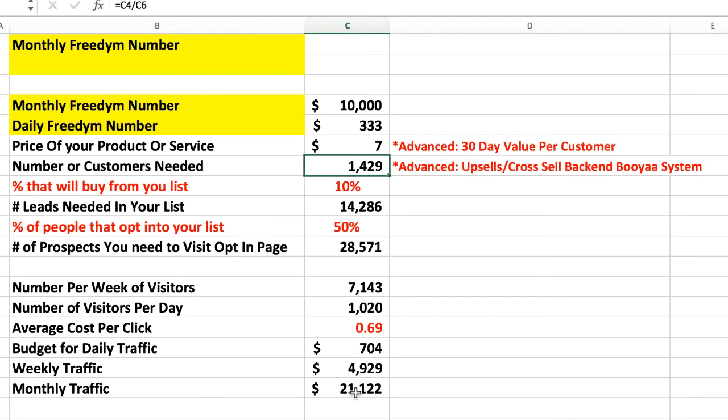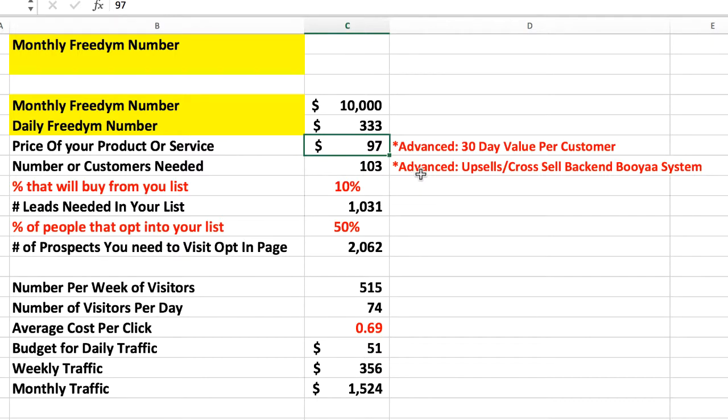Well, you're going to have to spend $21,000 in traffic in order to make your $10,000, which is crazy. You're losing money, right? So you see how powerful it is to work out some scenarios here, and also make sure you have a product portfolio of things that you sell to your customer, okay? Whether it be a physical product, e-commerce, whether it be coaching, consulting, whether it be digital products, okay?